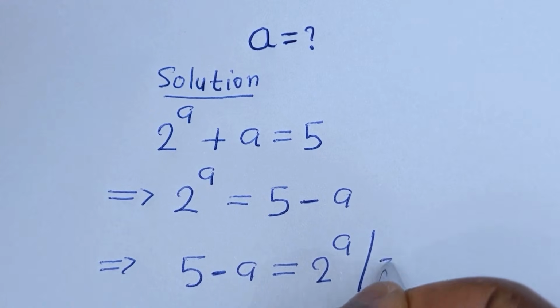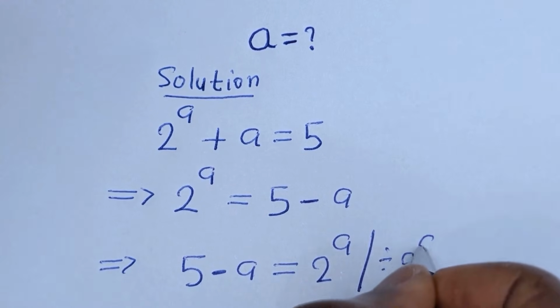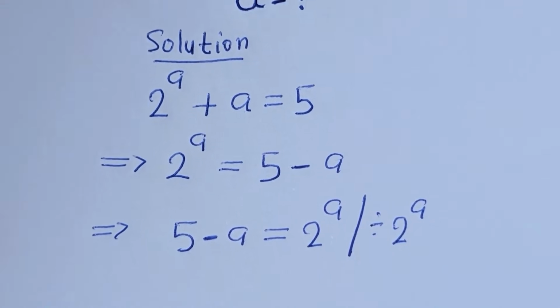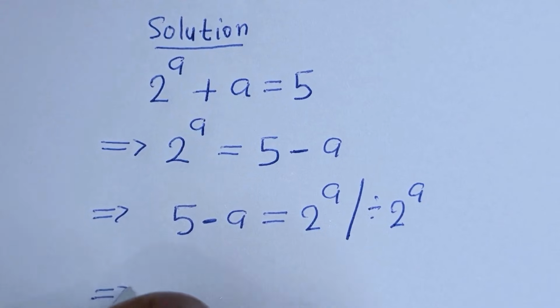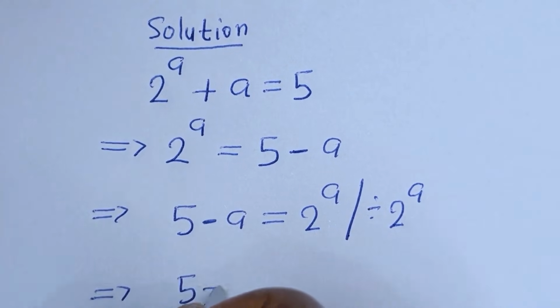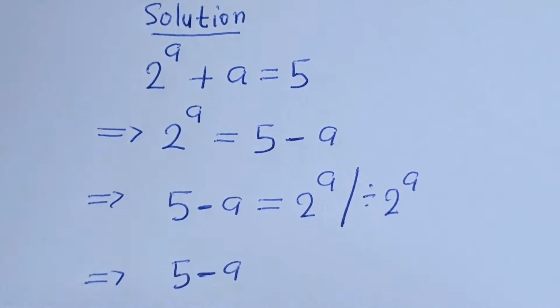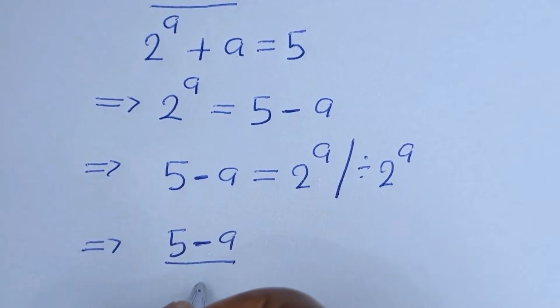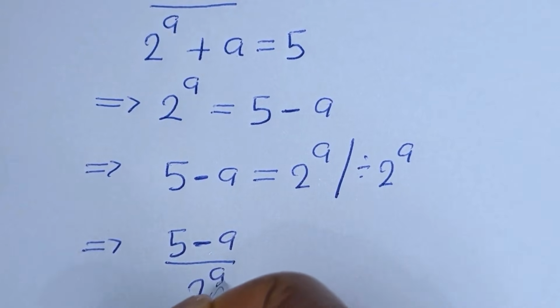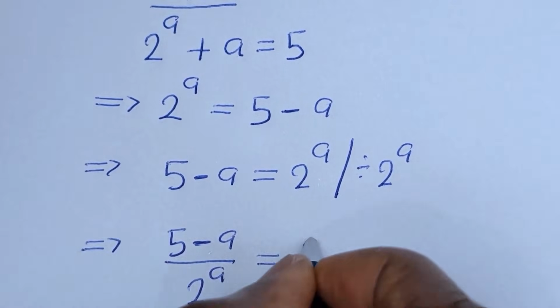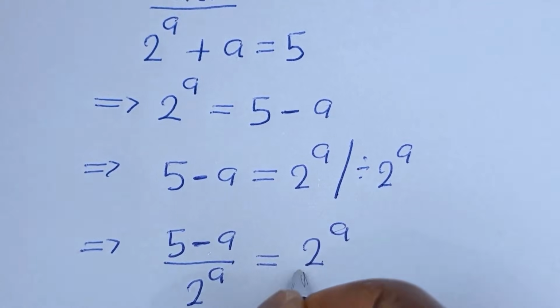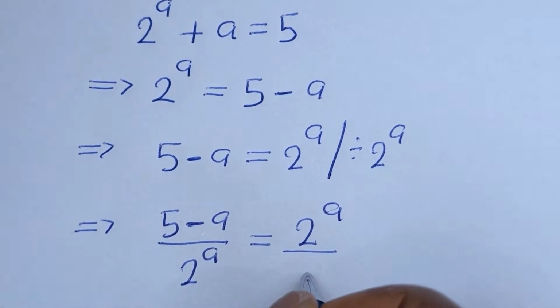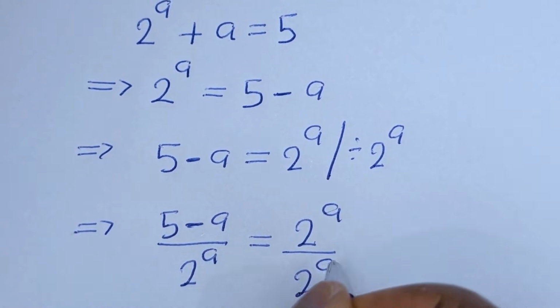Let us divide all through by 2 raised to power a. 5 minus a divided by 2 raised to power a is equal to 2 raised to power a divided by 2 raised to power a.